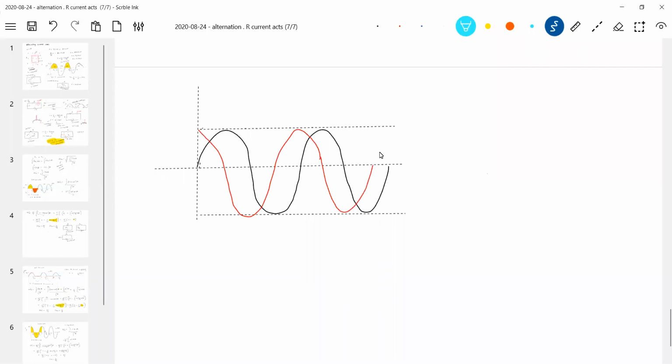Then I'll bring another wave. So there are three waves that you can see.